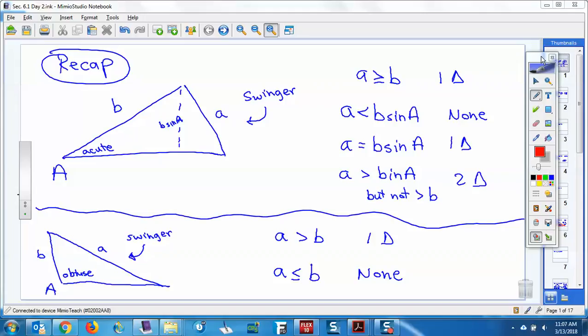It's this ambiguous case that we spend a lot of time on, but then I think sometimes people think they have to do that all the time. That's not true. Only when you determine you've got an SSA situation do you think, okay, here we go. You can either do this or just blindly start in on the problem, and you'll get an error if there's no triangle. You'll find one acute angle, then subtract it from 180 and say there could be a second triangle, and you work that out.